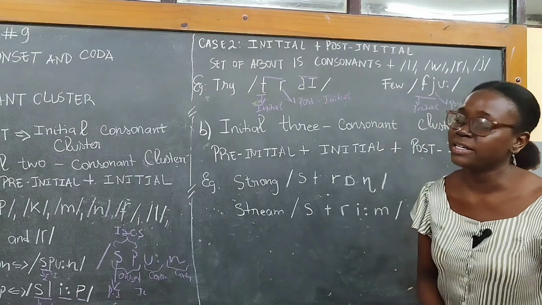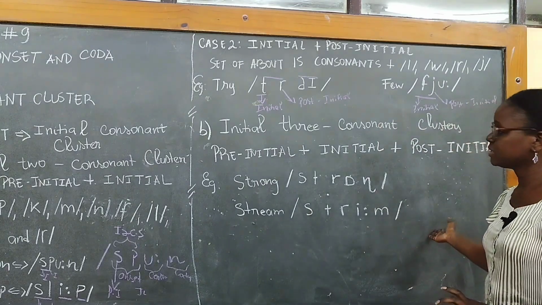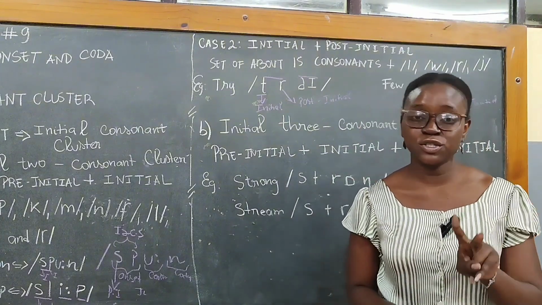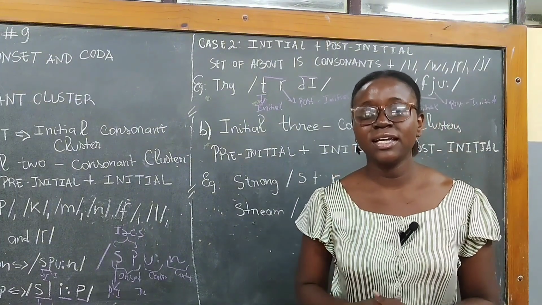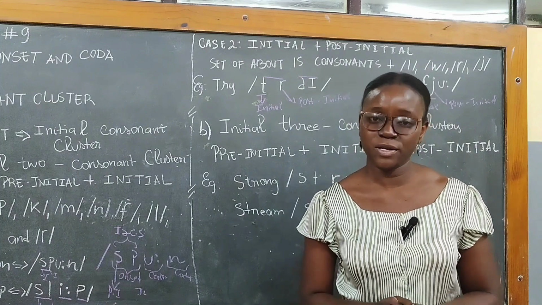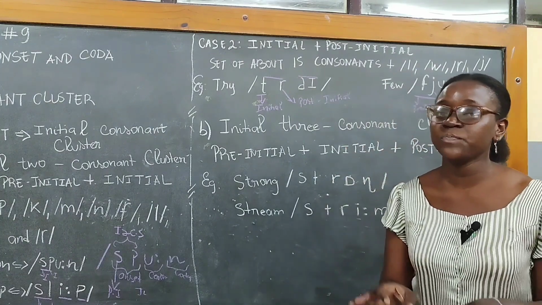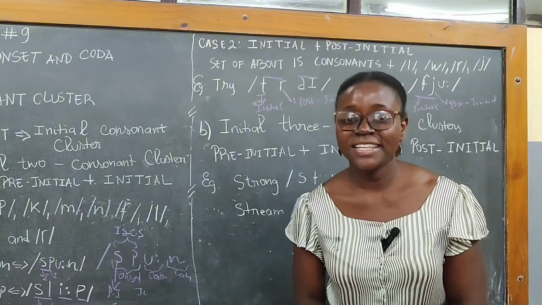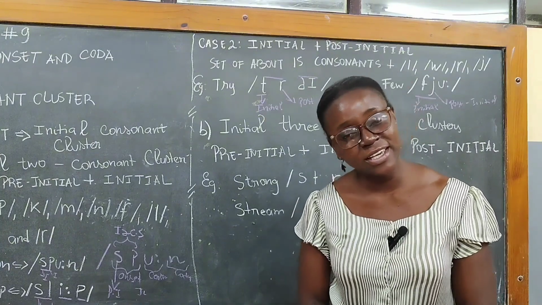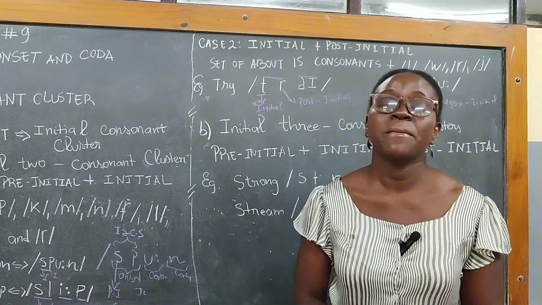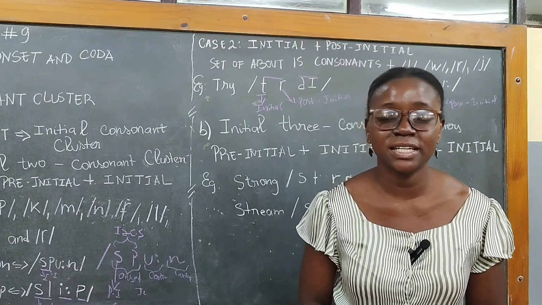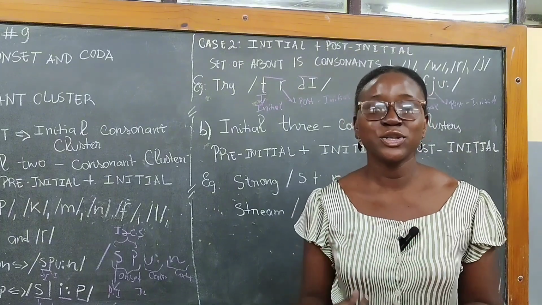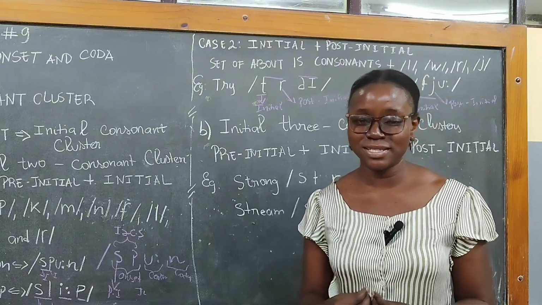And now we find the other type of initial consonant clusters, where instead of 2, we find 3 initial consonants. Yes, that's possible in English. Finding 3 consonants in initial position can be very tricky for second language learners, but it's just a matter of practicing over and over again until you improve your pronunciation.